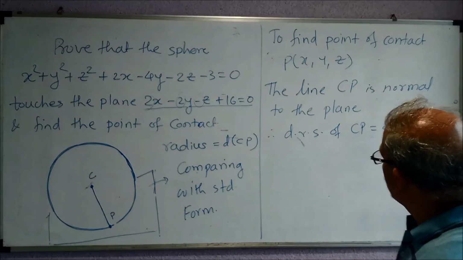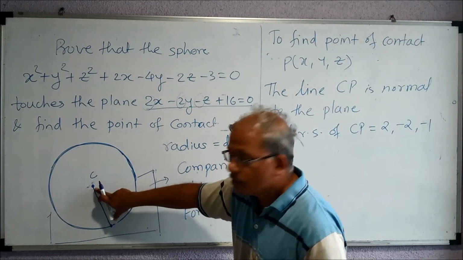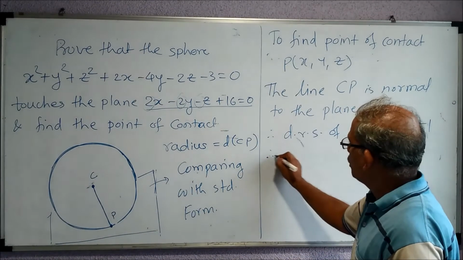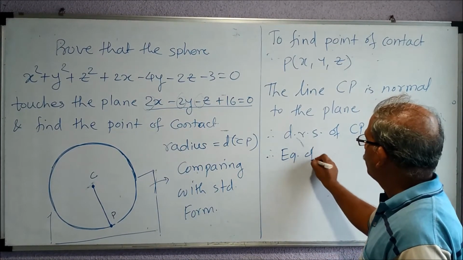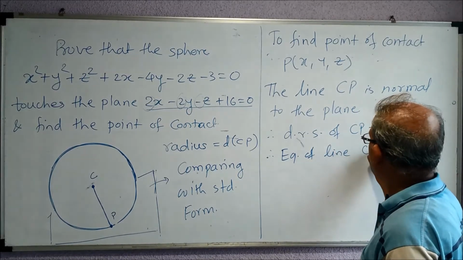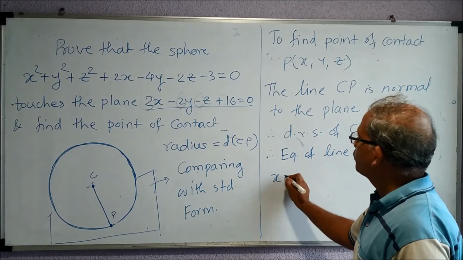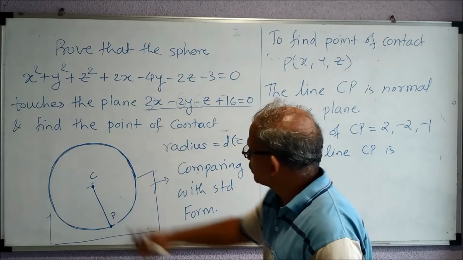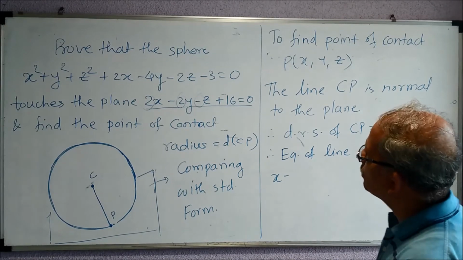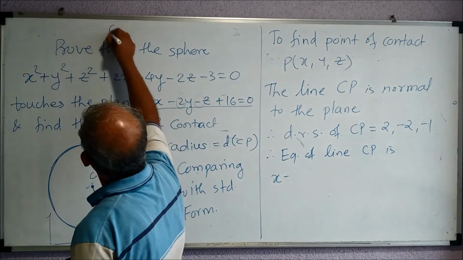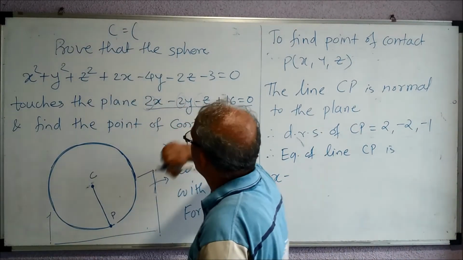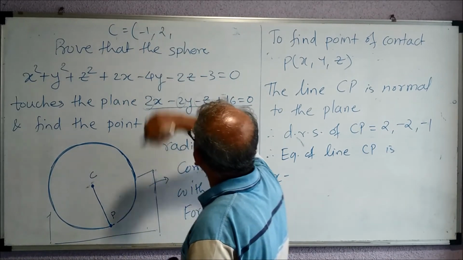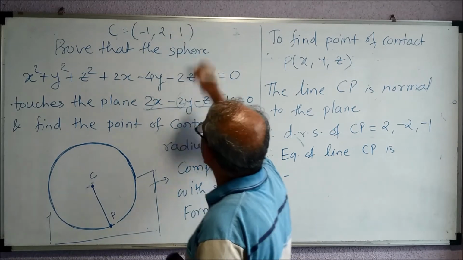Now see that this line Cp goes from C, so C point lies on this, right? So we can write the equation now. Equation of line Cp is x minus, so what are the coordinates of C? Let me write down C over here. C is equal to -1, 2, 1.